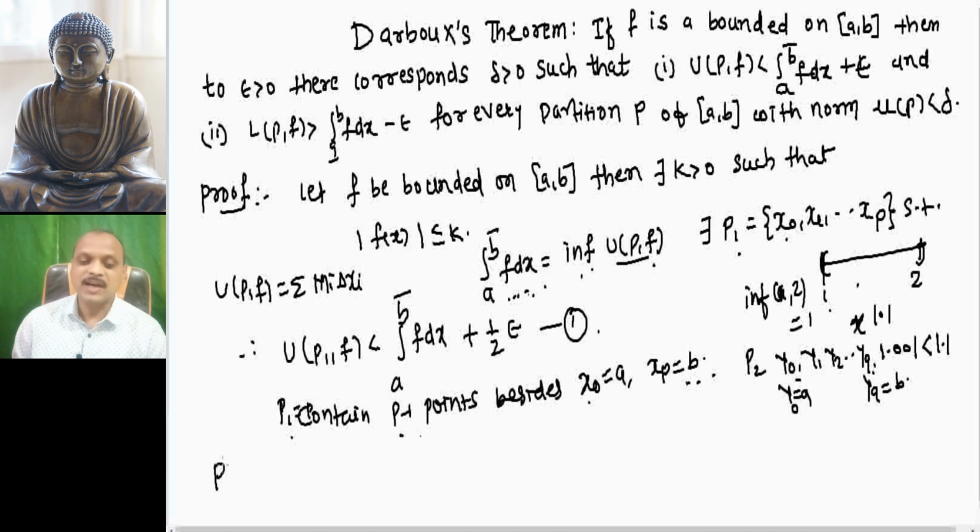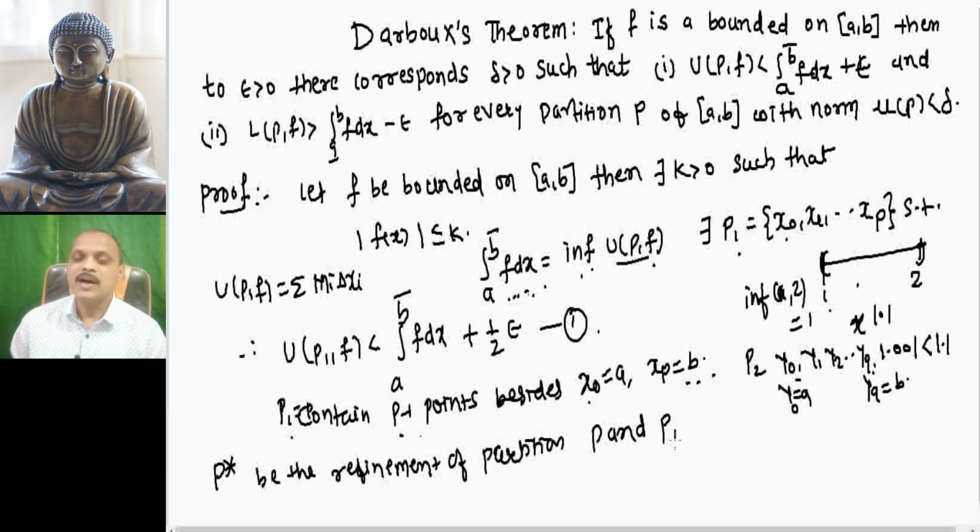Now let us take P star to be the refinement of partitions P and P1. So these are the two partitions in our assumptions, with P1 having p minus 1 points besides the common points x0 equal to a and xp equal to b.